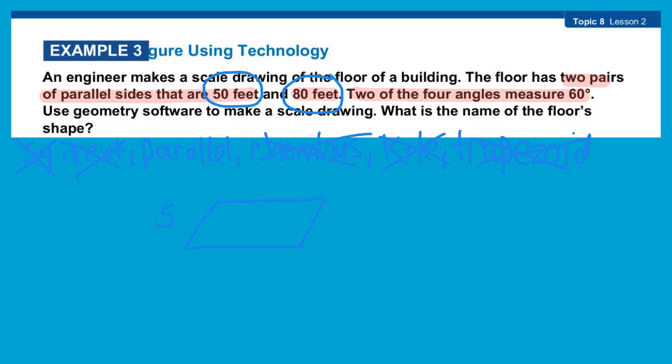I would have 50 feet, 50 feet, 80 feet, 80 feet. I have 2 pairs of parallel sides. 2 are 50, 2 are 80. And I've got a 60-degree angle right there and a 60-degree angle right there. I believe we have the right answer.